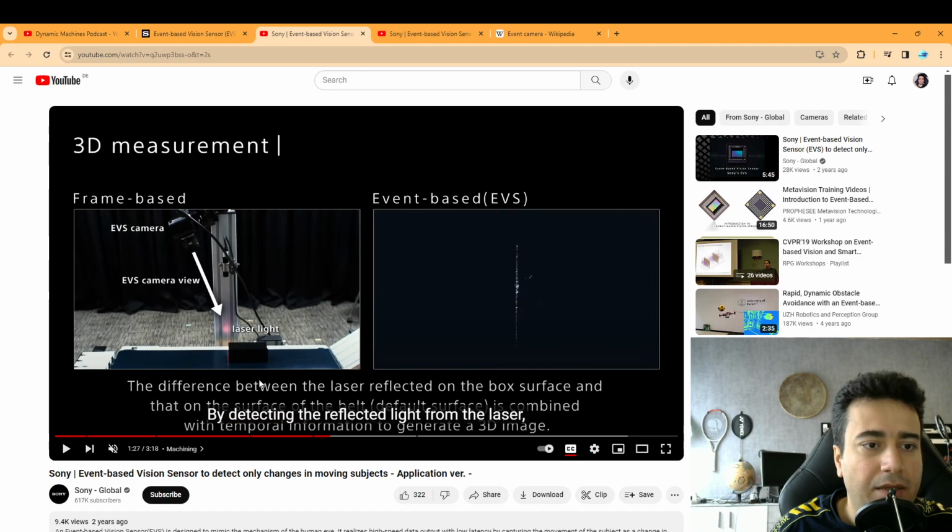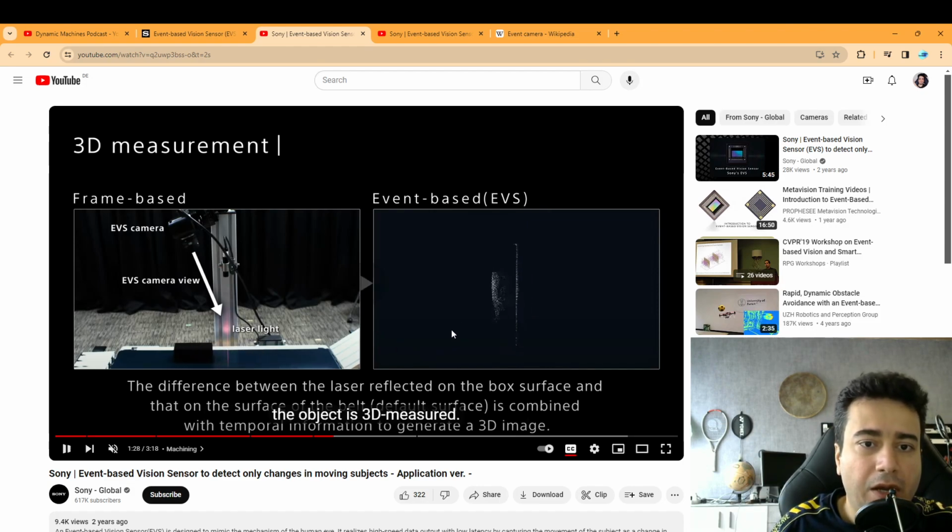This is also a very interesting application. You see that there is a conveyor band. There is one object moving along, usually very dark. There is a laser perpendicular to it, and a camera installed on the left side. The camera looks at the box and the temporal information, and also the laser line on the band.